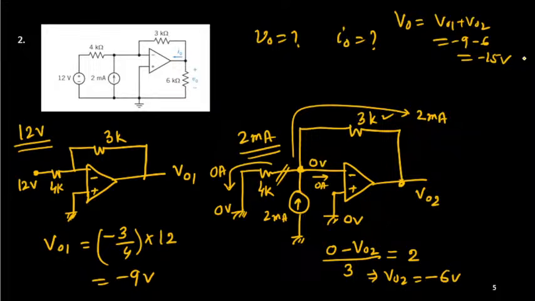Now can you find I0? What is I0? The I0 is the current entering the op-amp from the output terminal. Can we find I0?